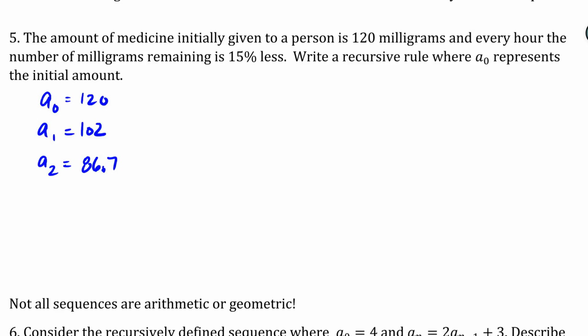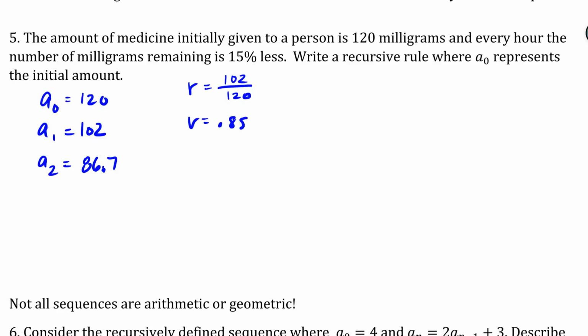So I need to find the common ratio. The common ratio is going to be taking the second term and dividing it by the first term. So that'll figure out how much our ratio is, which gives us 0.85. So my common ratio is 0.85.